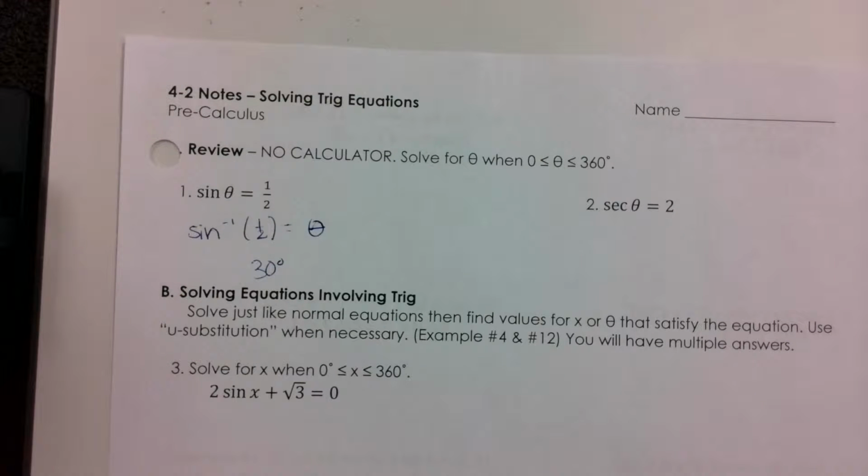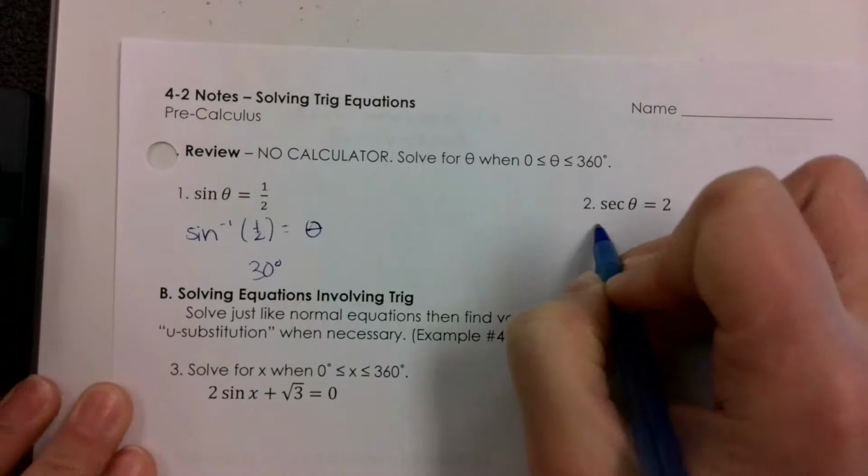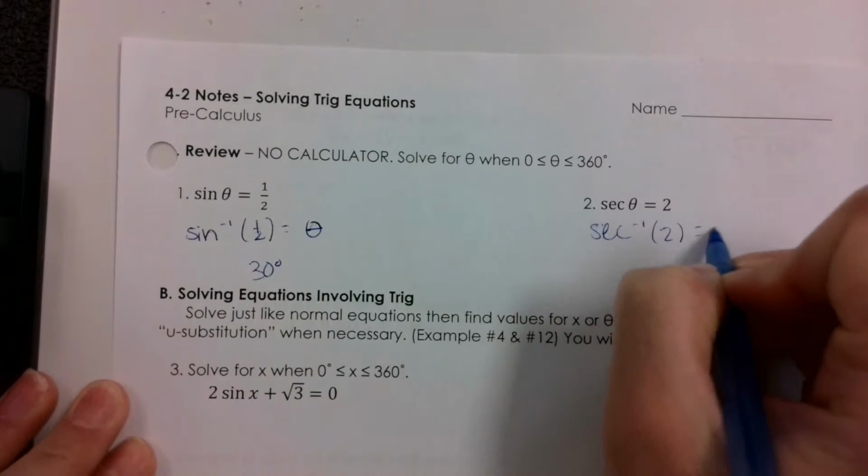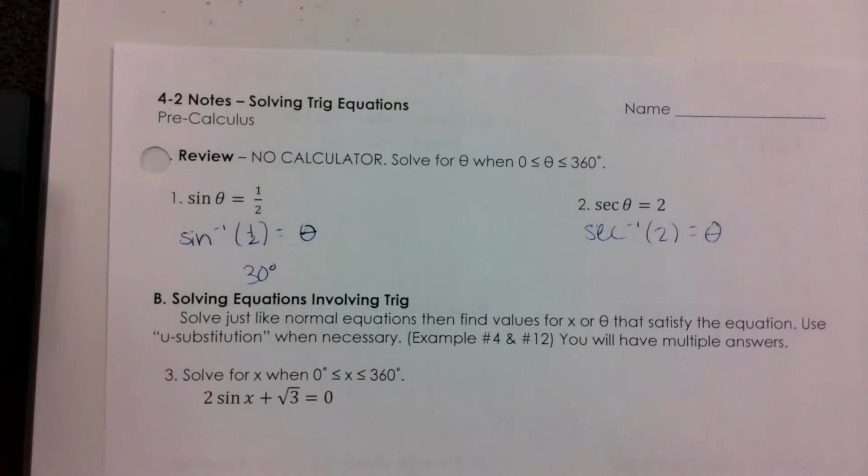So for number 2, it says that secant of theta is 2. So that's like saying that inverse secant, or secant inverse of 2 equals theta. And we didn't talk about those yesterday, but we can figure that out, right? We just want to know at what angle secant would be 2. What does secant go with? You're too far ahead. I'm not there yet. So what is secant?